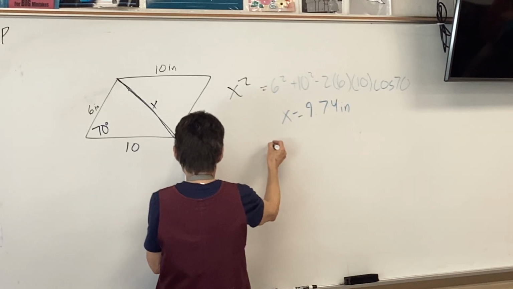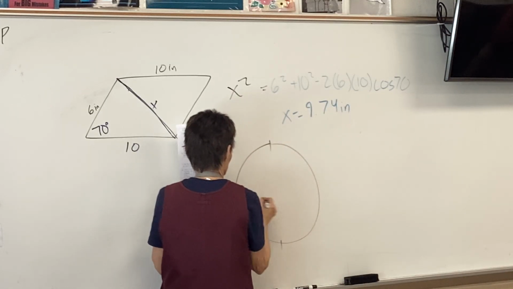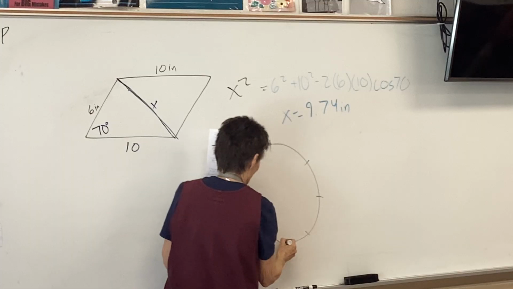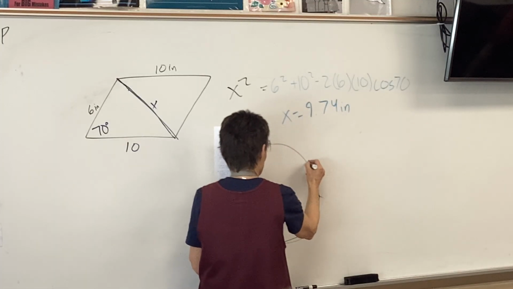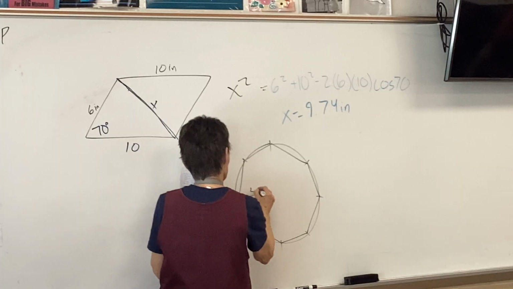Number 6. We have a regular octagon inscribed in a circle with a radius of 4.